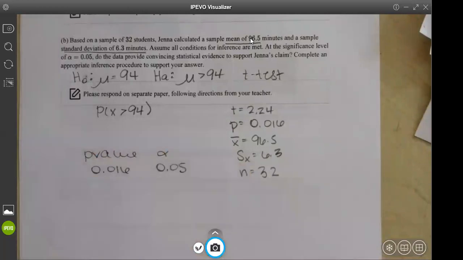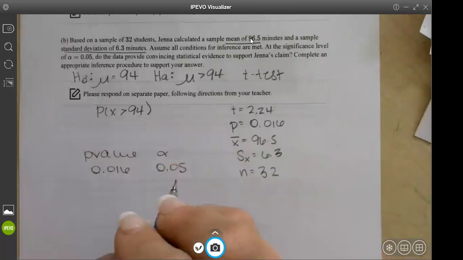Is that 0.016? Yeah. What do we get? I got 0.016.